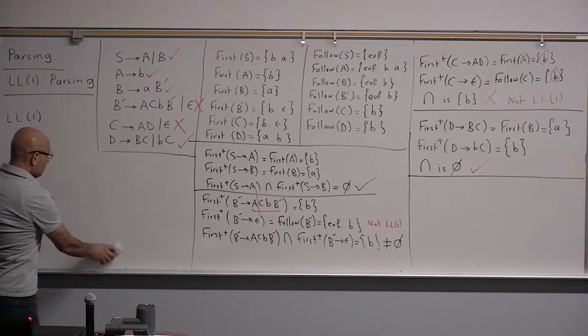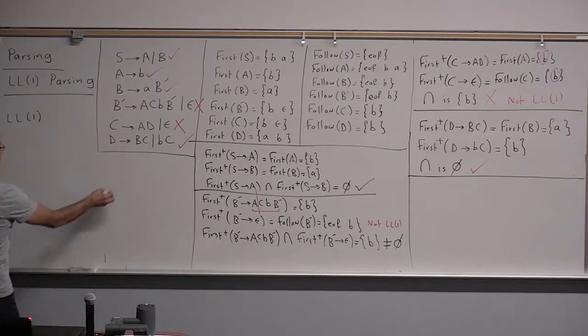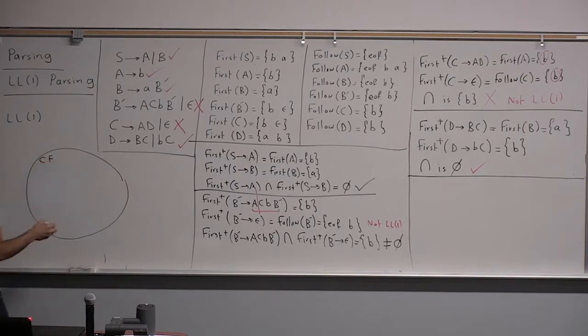So you have the set of context-free languages, and LL1 is a subset of this. The set of languages that are parsable by LL1 is a subset of the set of context-free languages.